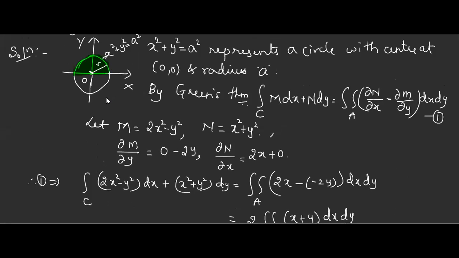What is the value of r here? It is 0, at the origin, right? And the upper limit is till the circle. I can't go beyond it, right? What is the value of r here? a, right, because the radius of the circle is a. So r varies from 0 to a.